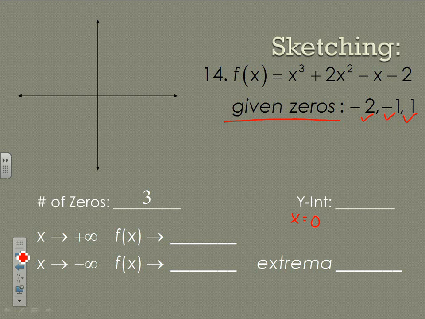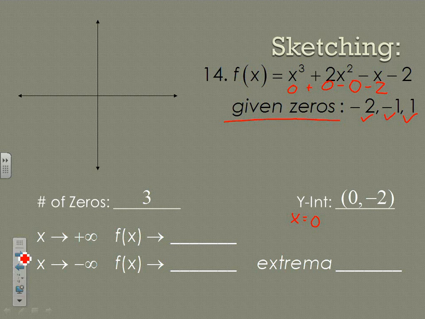So if I put x equals 0 here, well, 0 to the third is 0, plus 0 squared is 0 times 2 is another 0, minus 0, so 0, 0, 0, minus 2. So my y-intercept is at negative 2. It's at the point where x is 0, y is negative 2.